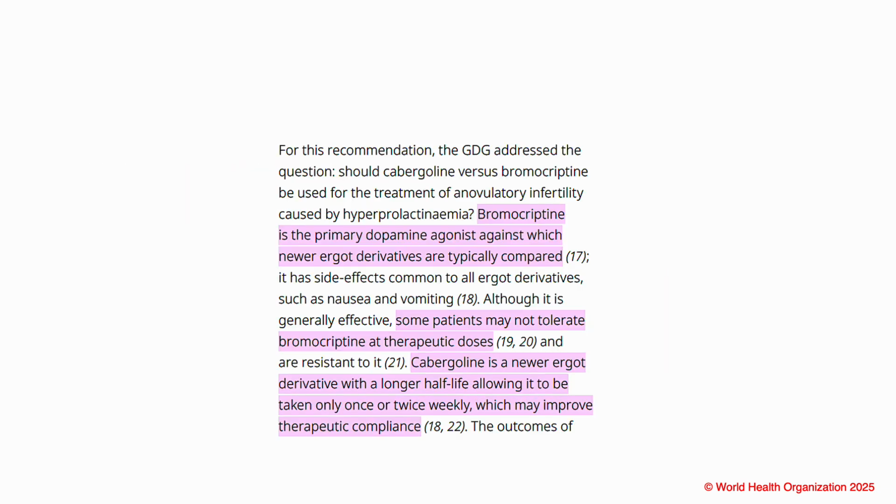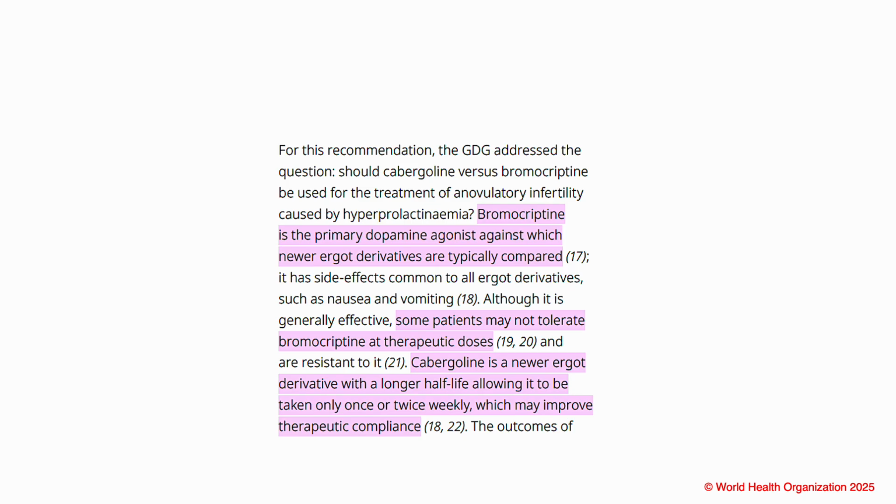Bromocriptine is the primary dopamine agonist against which newer ergot derivatives are typically compared. Some patients may not tolerate bromocriptine at therapeutic doses. Why? Because of the nausea and vomiting which bromocriptine at therapeutic doses causes. So that's why cabergoline, a newer ergot derivative which has a longer half-life, is preferred.